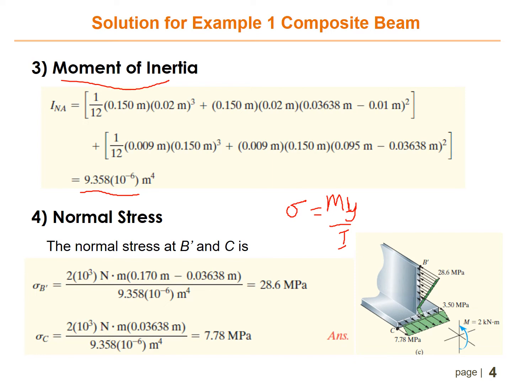So we got that the stress at B prime is 28.6 megapascal, and then the stress at C is 7.78 megapascal.